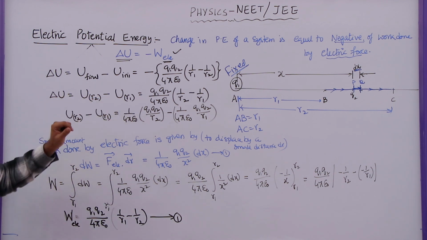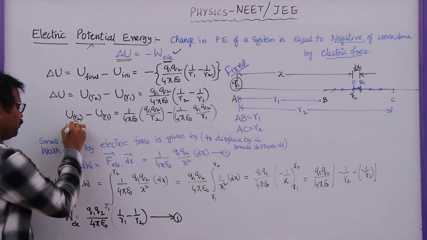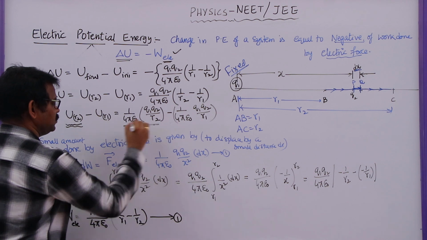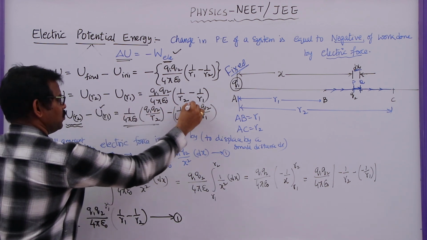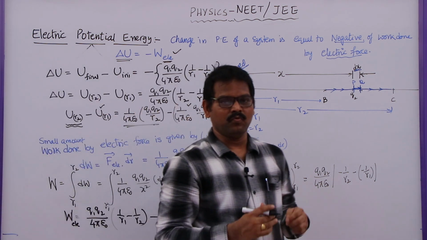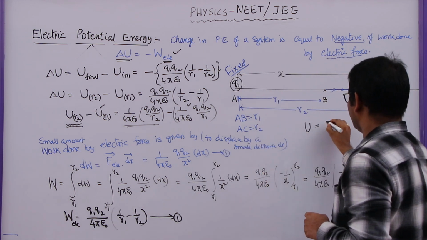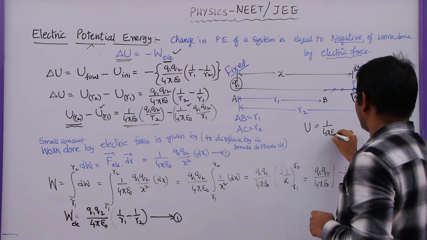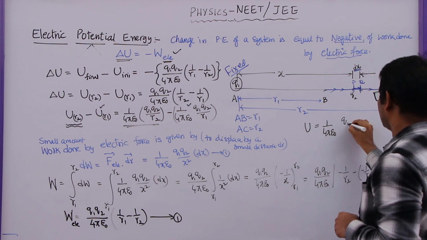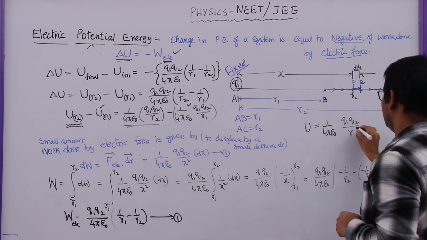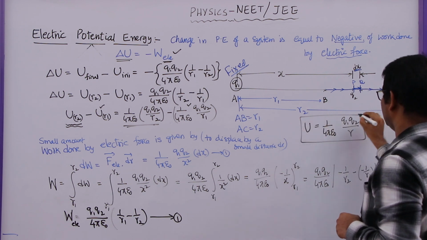So from this equation we can say the final potential energy is equal to this much, and the initial potential energy is equal to this much. So the expression to find the potential energy of a system is U equals 1 by 4 pi epsilon naught times the product of the charges by the distance r between the two charges.